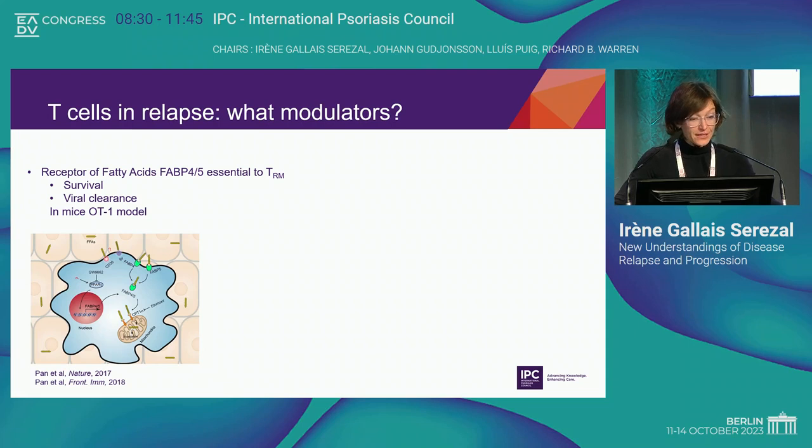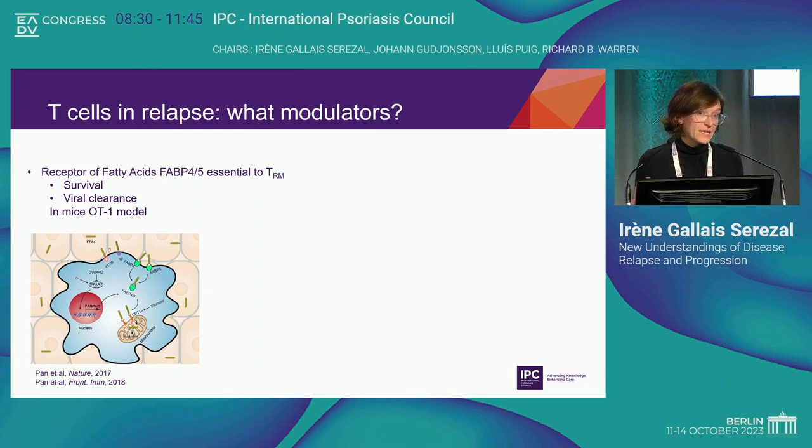And another target would be the fatty acids on the skin, because of course I'm showing you microbiota and fatty acids because those are the things on the surface that could be modulated quite easily compared to other things. So we know that the resident T cells in the skin need to be able to take in fatty acids in order to survive there and to fulfill their function.